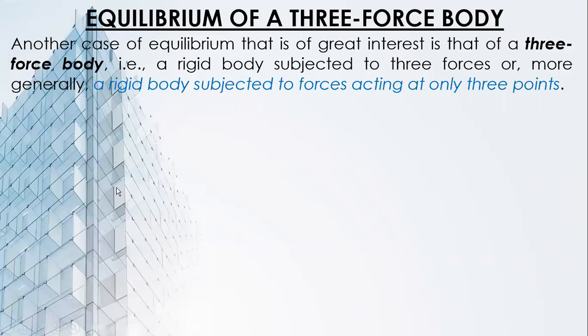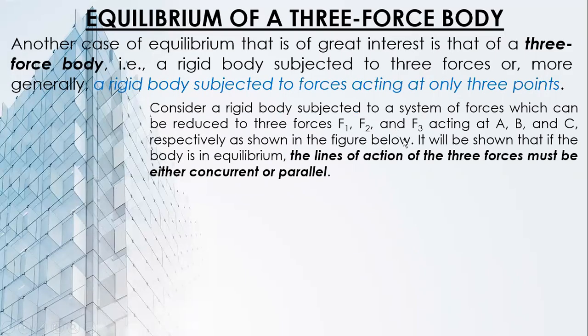Another case of equilibrium that is of great interest is that of a three-force body. So when you say three-force body, it is a rigid body subjected to three forces, or more generally, a rigid body subjected to forces acting at only 3 points.